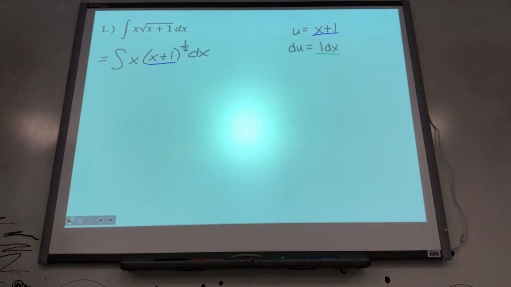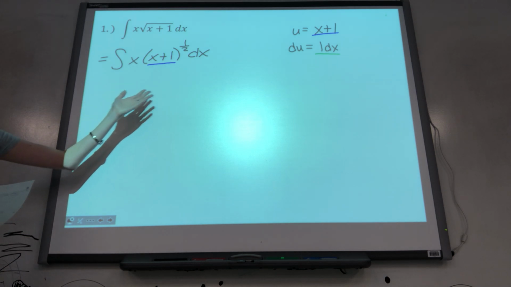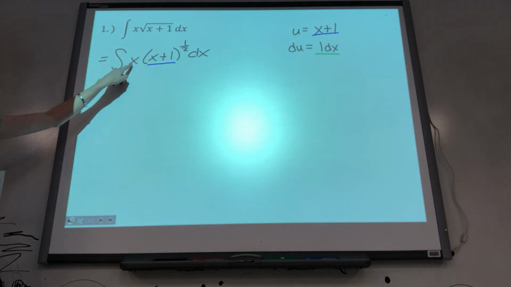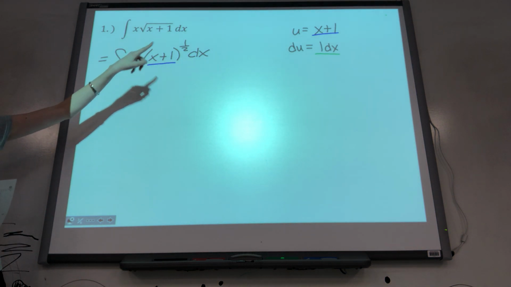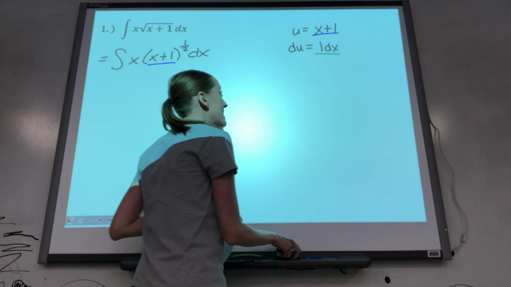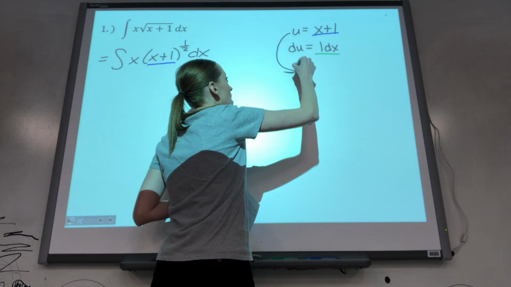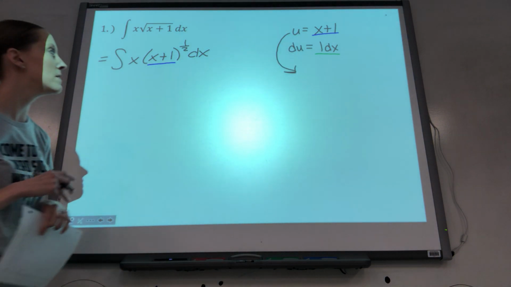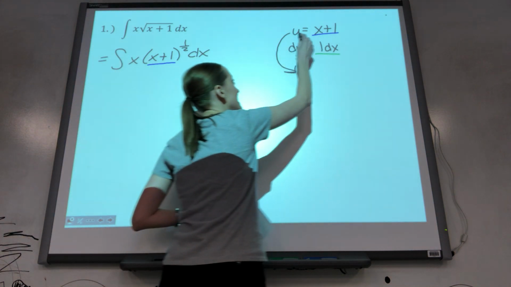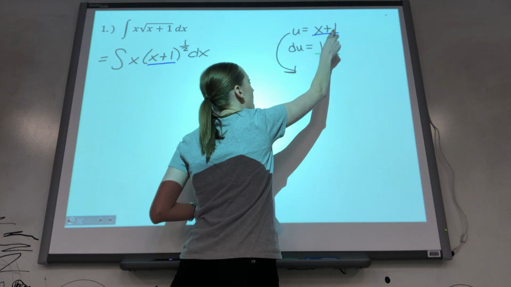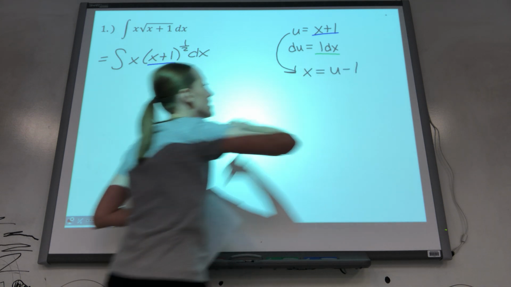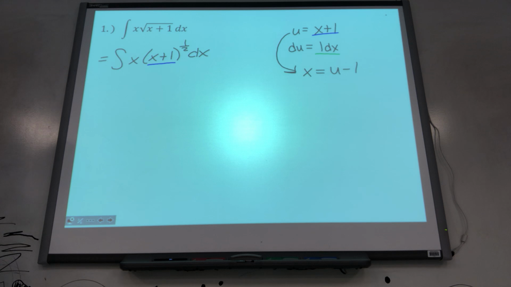And so this is where it was talking about earlier, where it said if the integrand still contains a factor of x after you do the u substitution, then you need to take the u equation and solve it for x. So if I need to solve this equation for x, I'm just going to subtract 1, and x ends up being u minus 1.